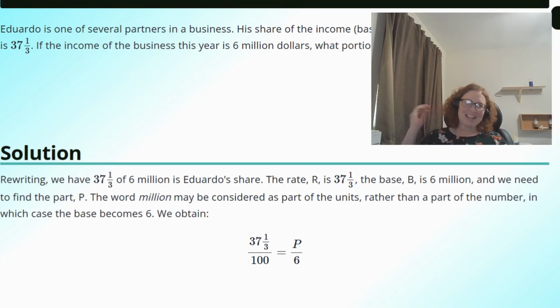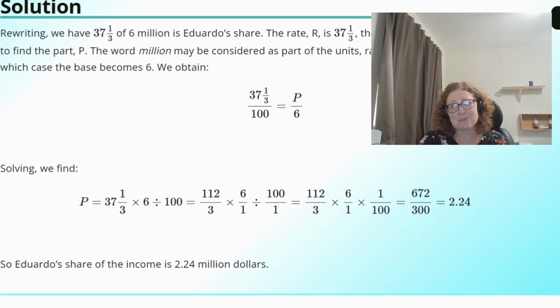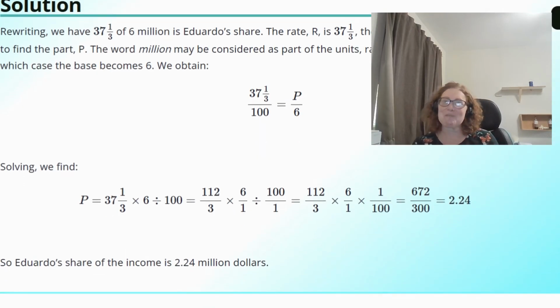Okay, so again, let's see, what's the rate? 37 and 1/3. Okay. The base is 6 million, so isn't the big part the base. So instead of writing the whole 6 million out, we can write 6, but remember, we need to make sure that we remember that is in millions.